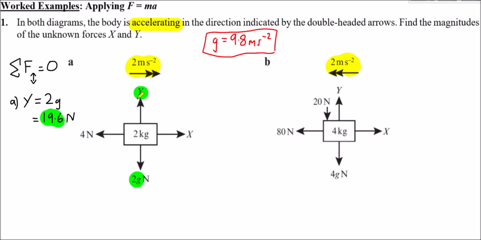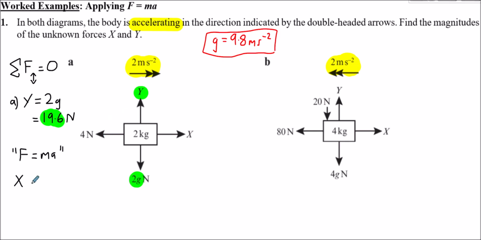Now going to the right hand side, we can apply F equals ma. F is the resultant force going to the right. So the force going to the right, in this positive right direction, is x, but holding it back, working opposite to the acceleration, is 4.